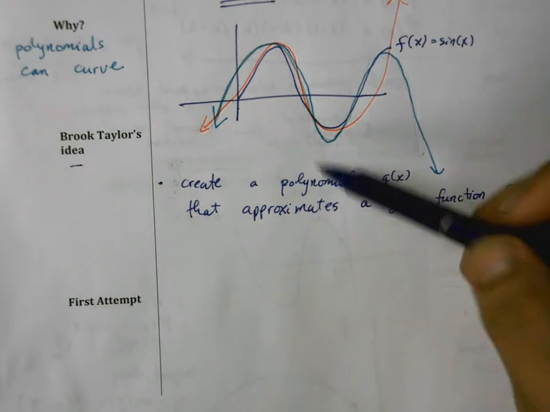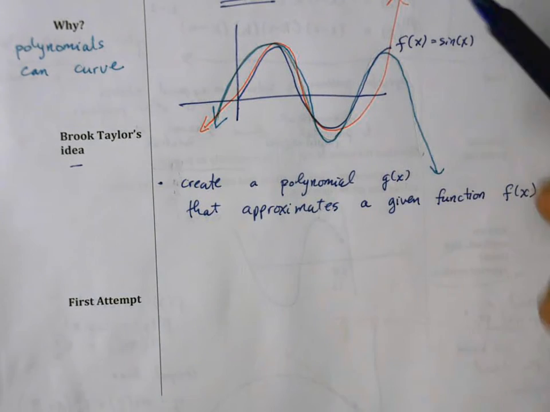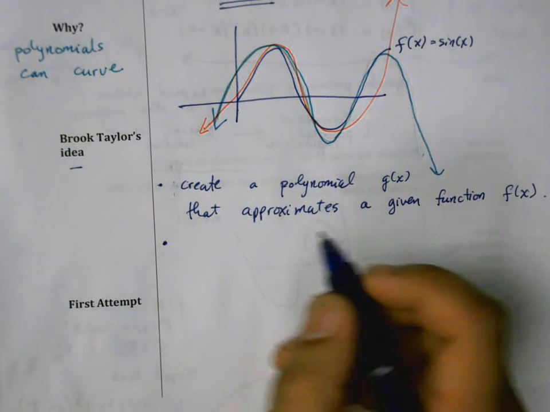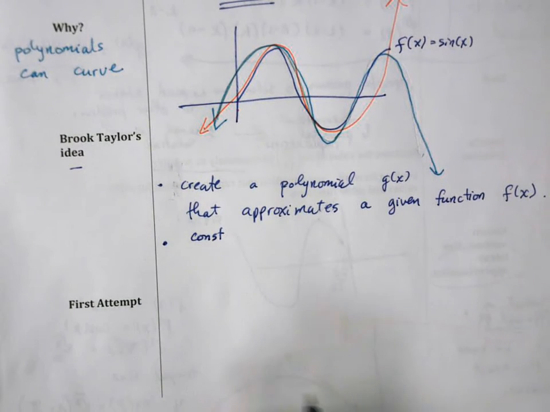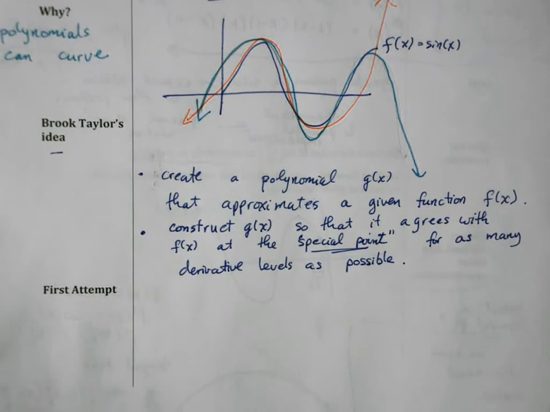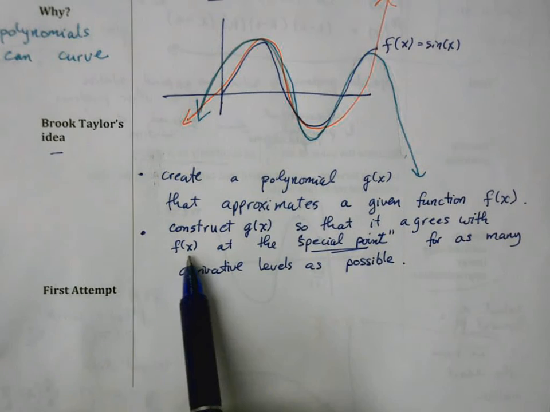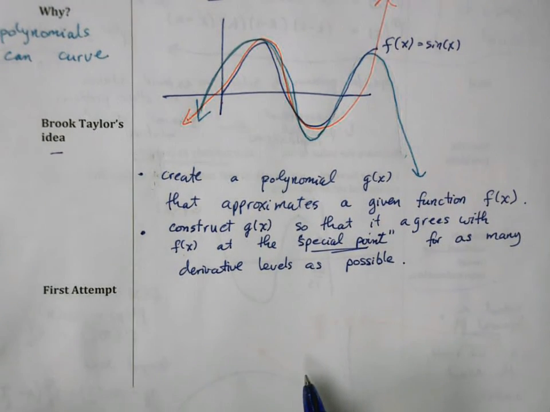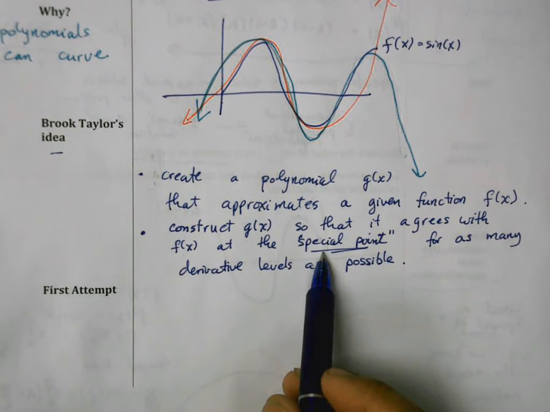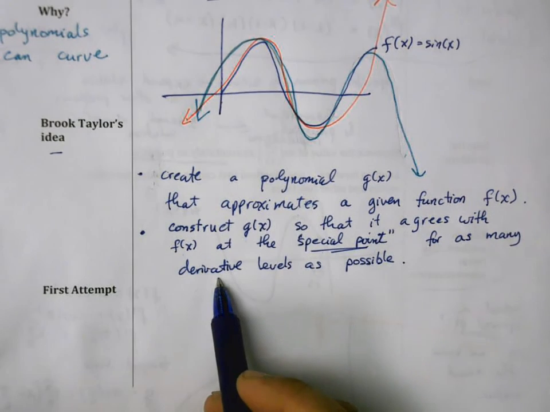And the way to decide how often this is going to curve is that we are going to construct g of x so that it agrees with f of x at the special point for as many derivative levels as possible. Now again, the special point is a place where we know the exact value of f, and derivative levels just means the first derivative, second derivative, third derivative.